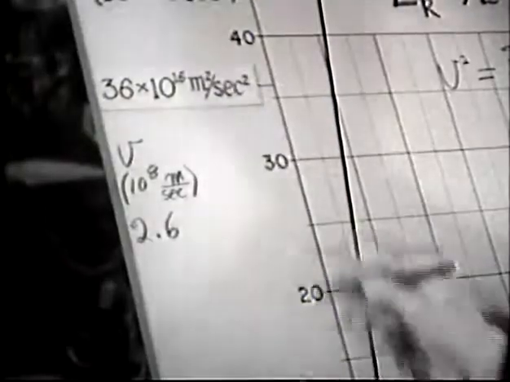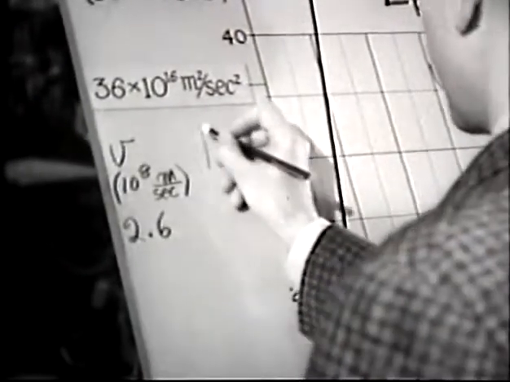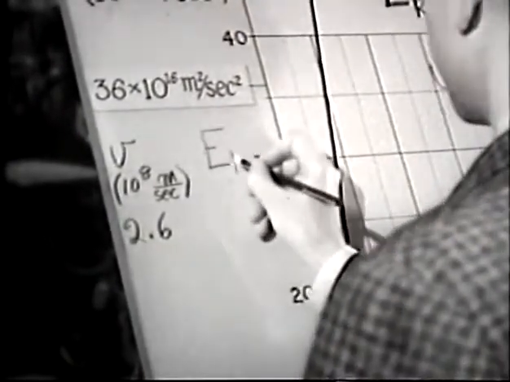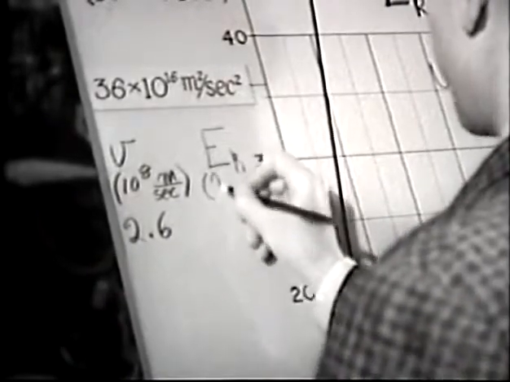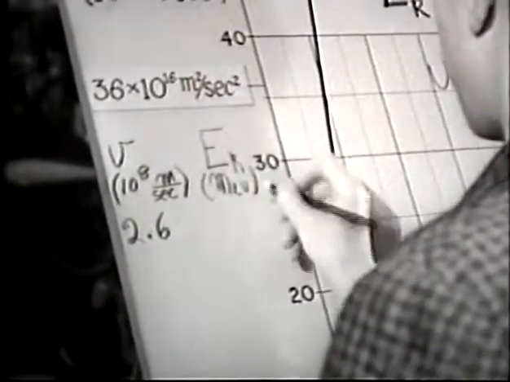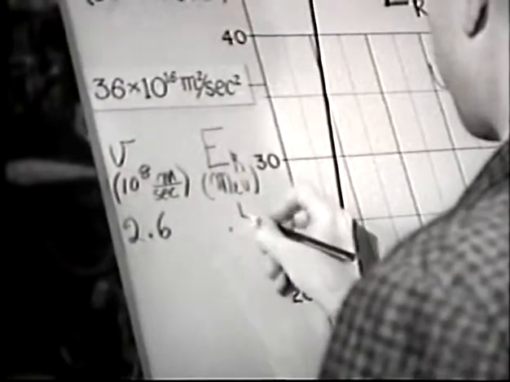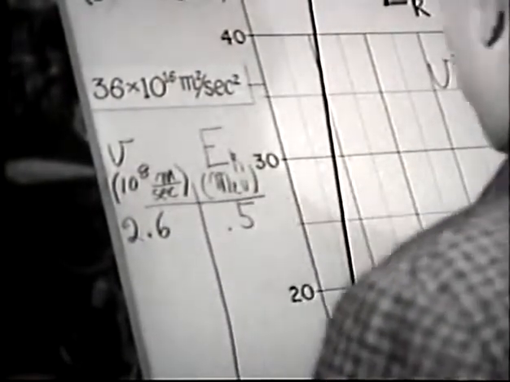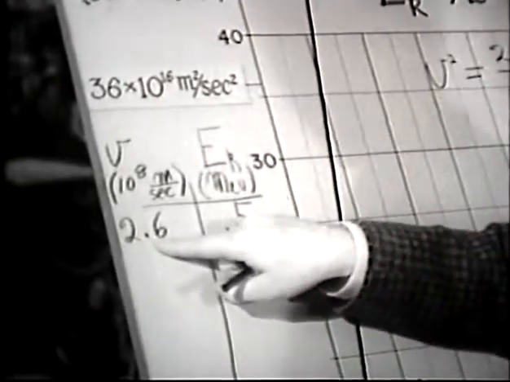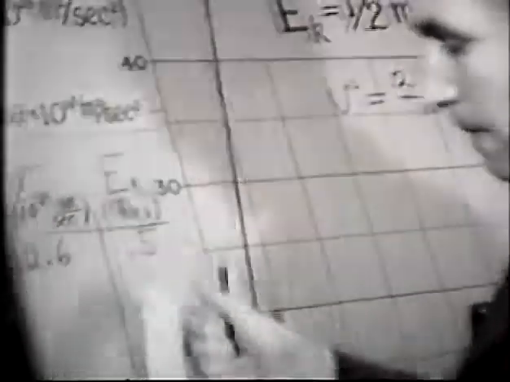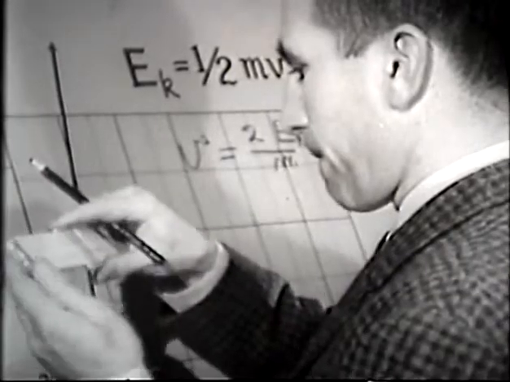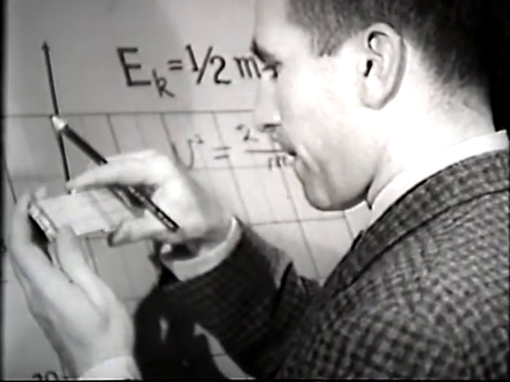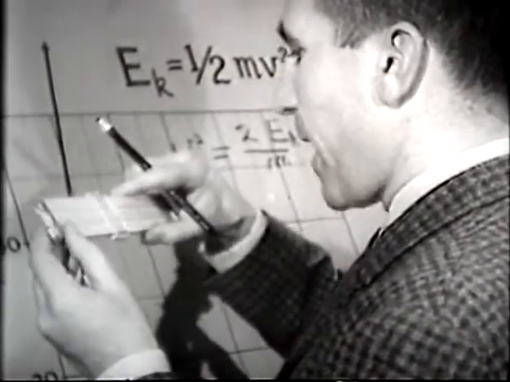Let's plot this on our graph. First, I'll write it here. Kinetic energy in units of MeV is 0.5. I must square the speed. That's about 6.8.